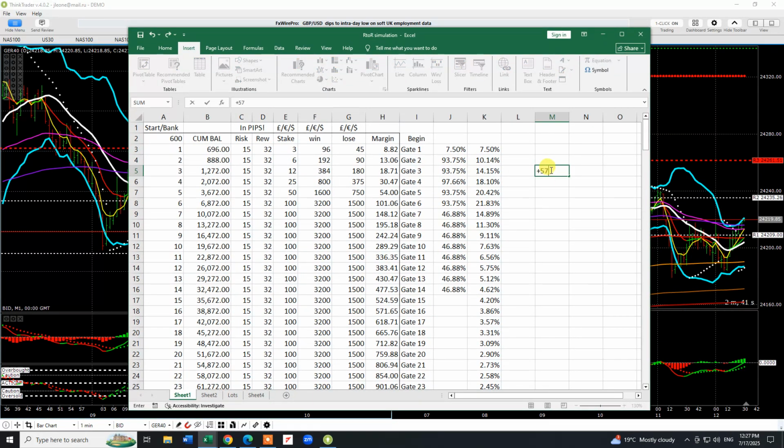We'd have plus 57 for the pips times 1.5, and we end up with 85. Well, we're looking for 96 to clear the gate. It's okay, that doesn't clear a gate, but at 3 per pip in small stakes, smaller entries, it's safe. It's the safe way to do things.